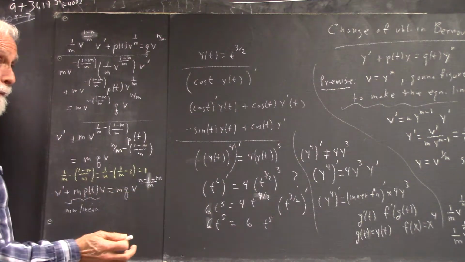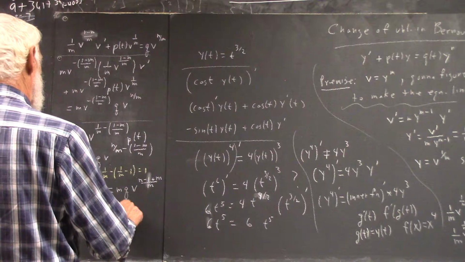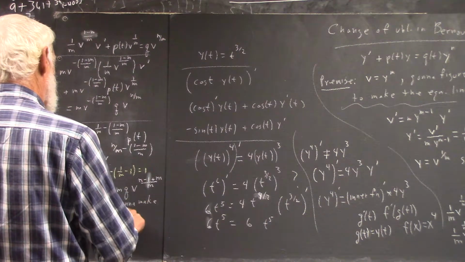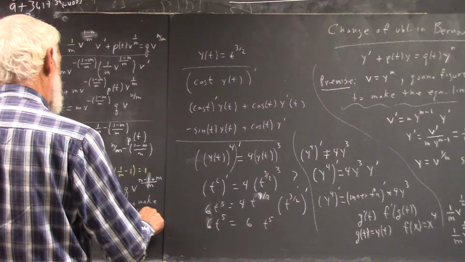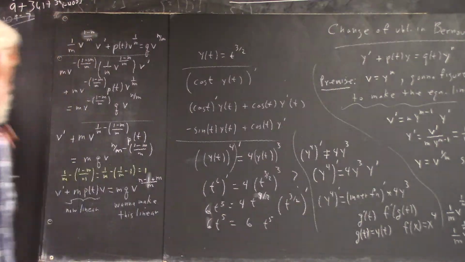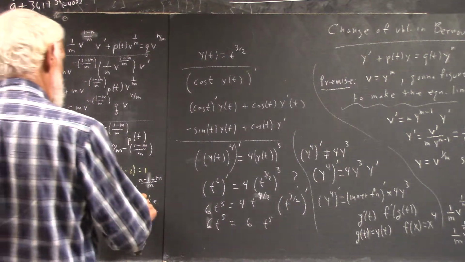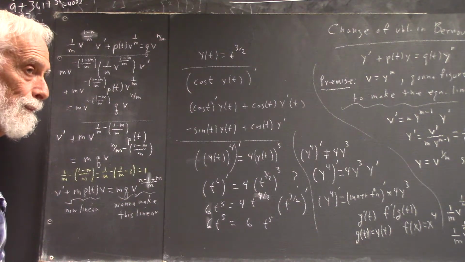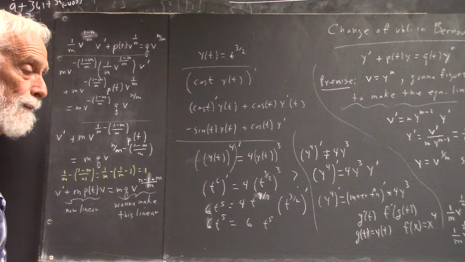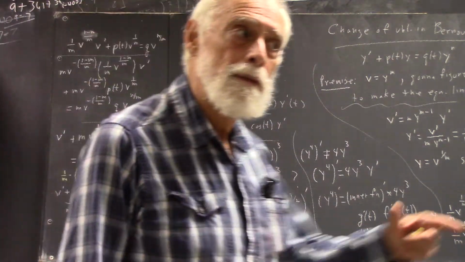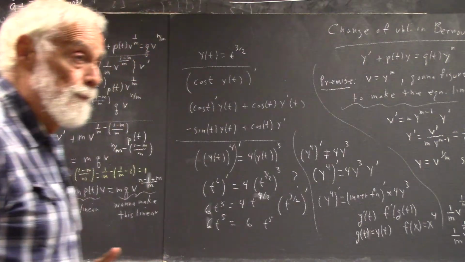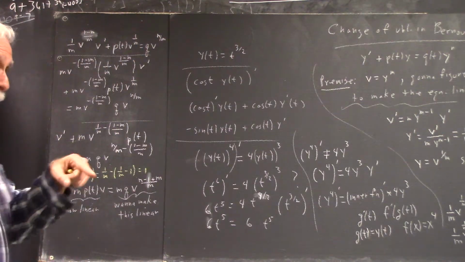What do we have to do to make this linear? The power of v can't be any higher than 1. Can't be higher than what? 1. It can't even be 1. Oh, does that have to be 0? Yeah, good. That's good insight.